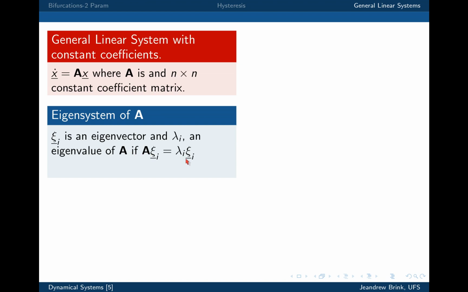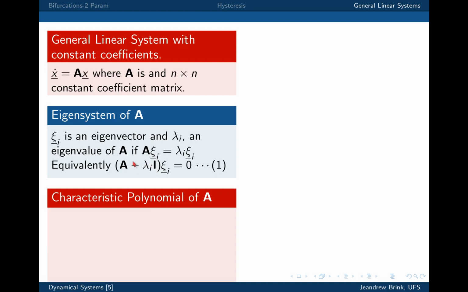And this idea we then carry through to our differential equation in a very nice way. Another way to write this eigenproblem is A minus lambda times I, where I is the identity matrix, times xi equals 0. And we're looking for non-trivial xi. This is true if and only if the determinant of that thing vanishes.